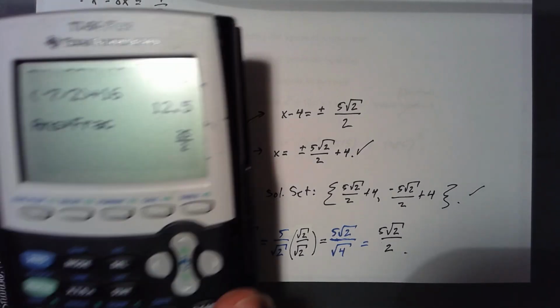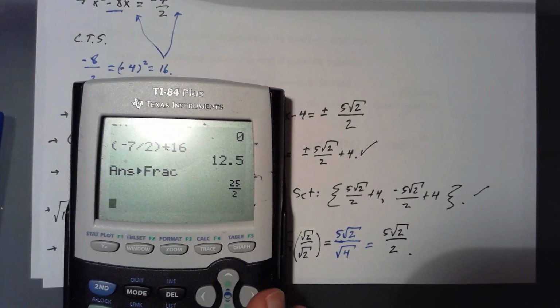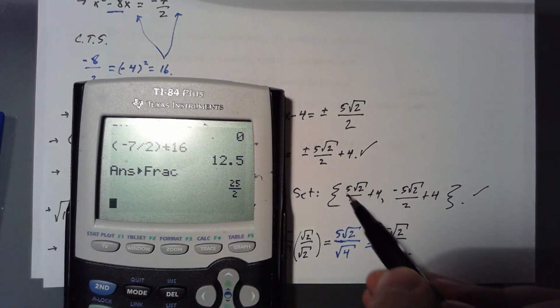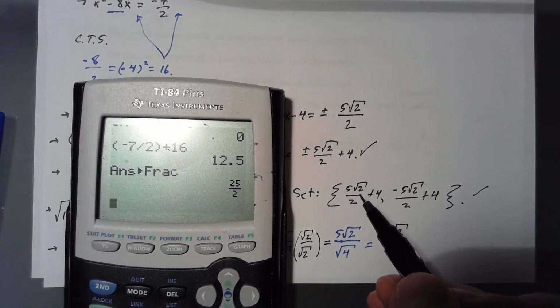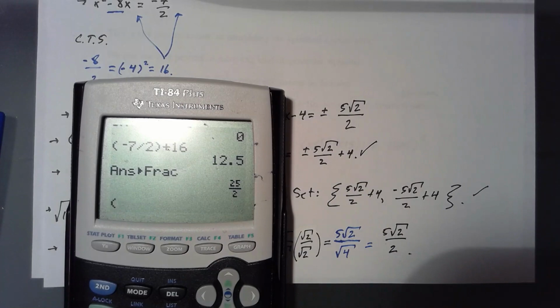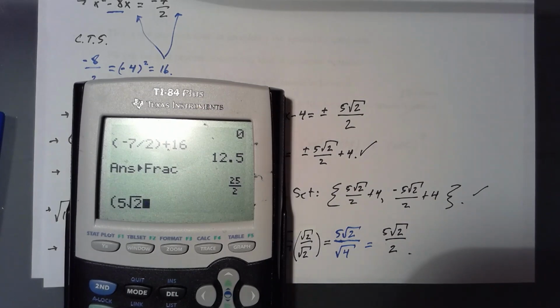Let's check it. I'll just check one of them. So when I do this, let me use a fraction here. 5 root 2 divided by 2, right? Plus 4.